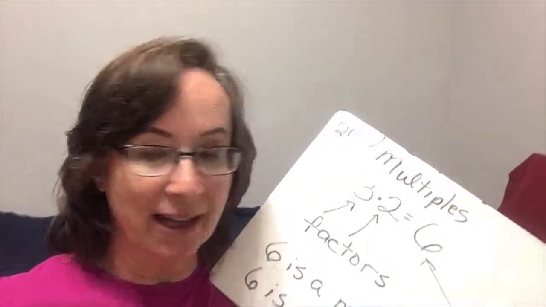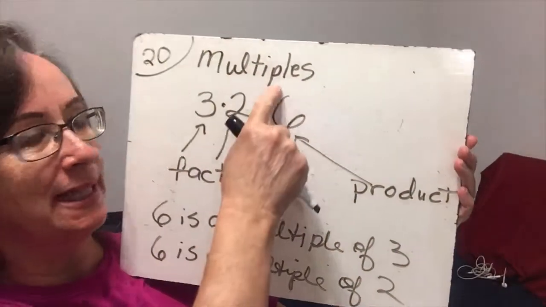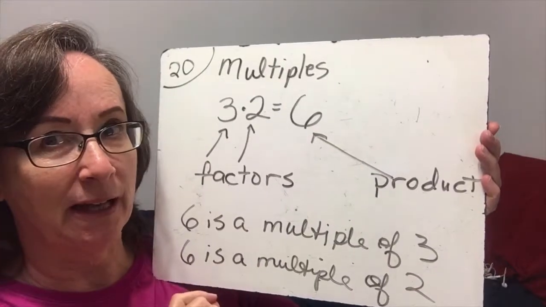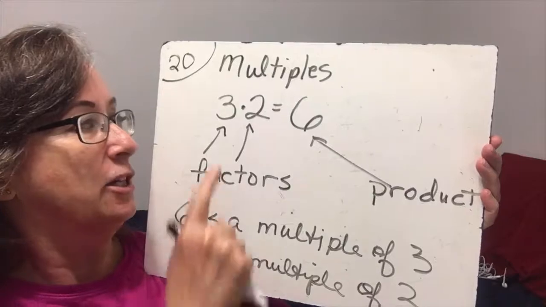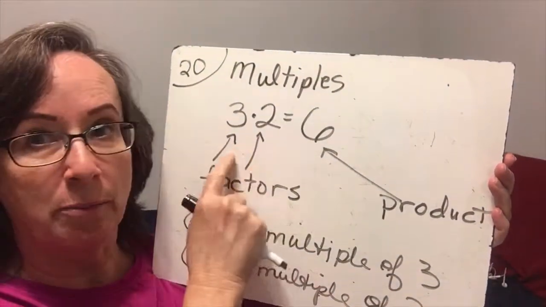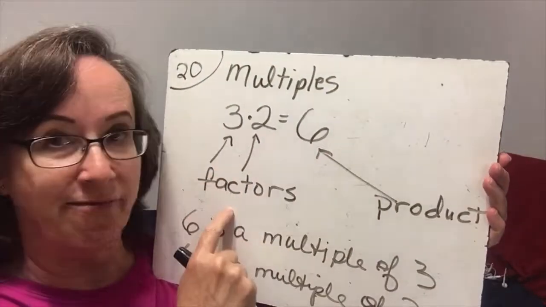Today, we're working on Lesson 20 in our Blue Book, and Lesson 20 is about multiples. So let's review a little bit of terminology that we need to keep in our minds. We know that 3 times 2 is 6, and we call the two numbers that we multiply together to get another number the factors.